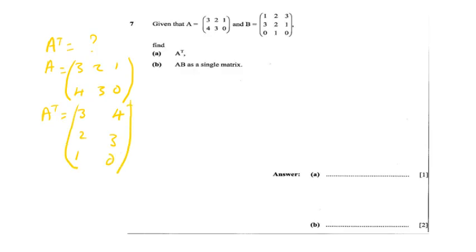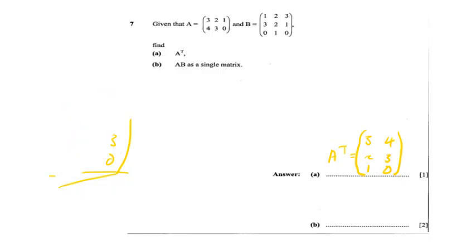So that's our answer. You write your answer here: A transpose is equal to 3, 2, 1 and 4, 3, 0, like that. So that's your answer.